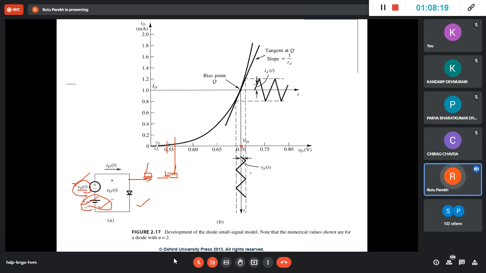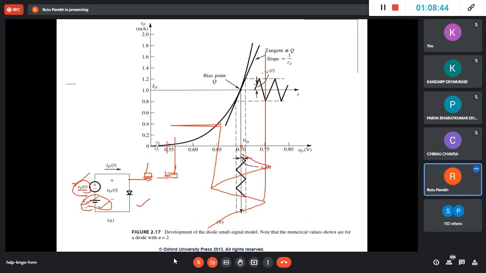Now, if this is large enough, then this will flow here in this region, and your output will no longer be linear, because now this is exponential, this is huge, and this is not linear in itself.